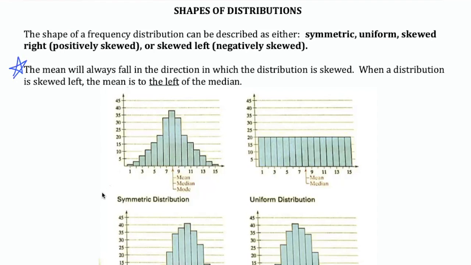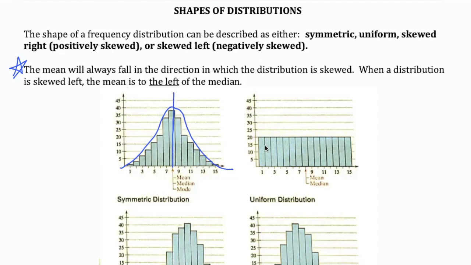So let's see what that means. If you have a symmetric distribution like this first one, you can see it's got a nice bit of symmetry right around the middle. And the middle is where the mean, median, and mode will all coincide. If your distribution is perfectly symmetrical, those three will be equal.